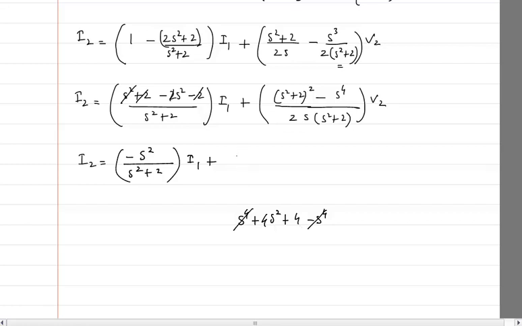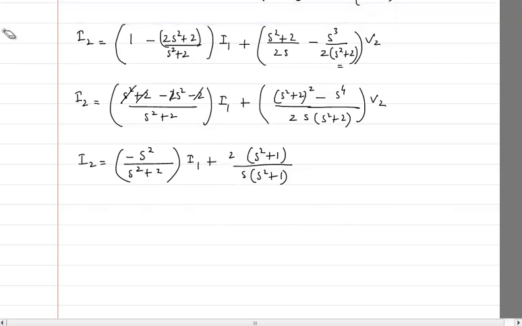So I will get in the numerator 4 times s square plus 1 divided by, in the denominator I am having 2s into s square plus 1, from where I can cancel off this 2 with this one and I will get 2 here. So let me rub that.